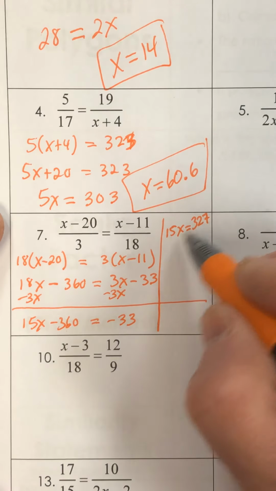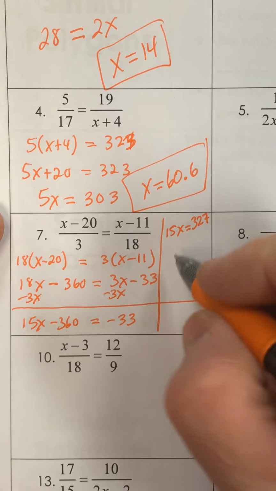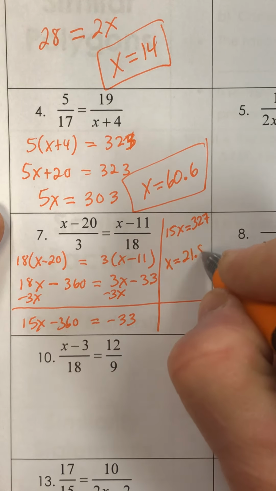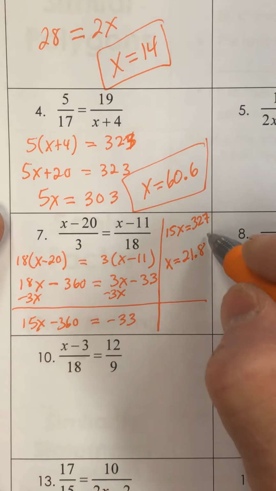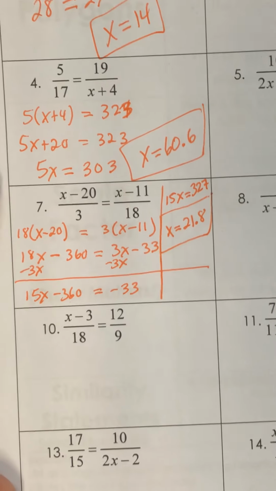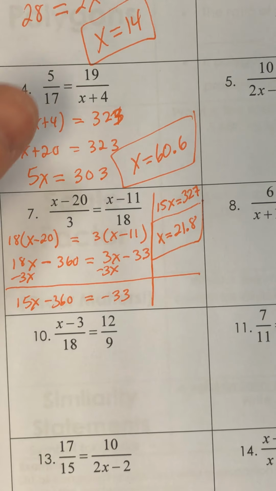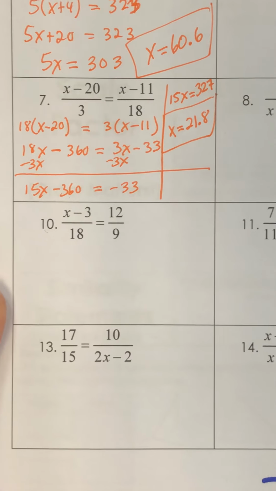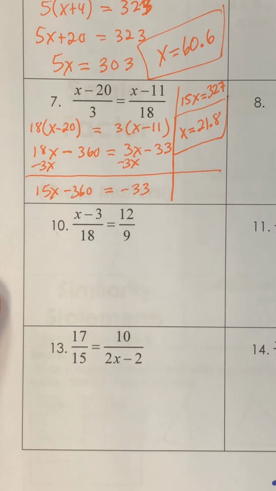Then I take 327 divided by 15. That also is going to be a decimal. That's what, 21.8 using my calculator. There we go. And number 10. So we've got 10 and 13. Then you can do the rest.